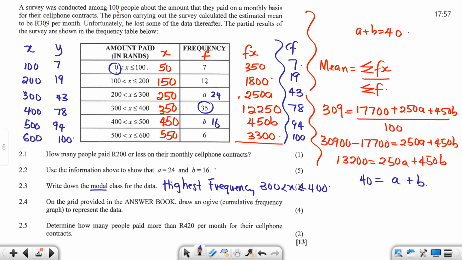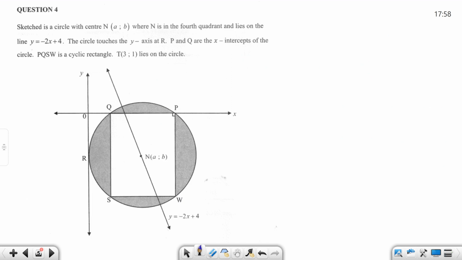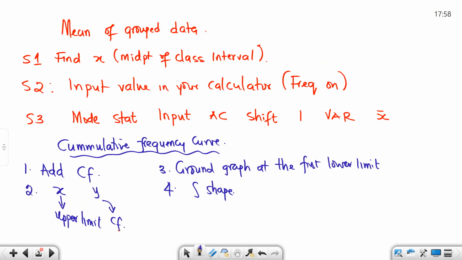And how many people paid more than 420? You trace it on the graph. 2019. Okay, so I can get the grid and then we can sketch the graph together. All right, please let's take a note of that.